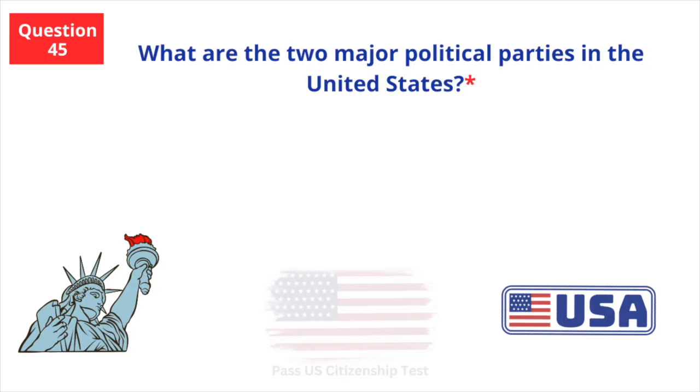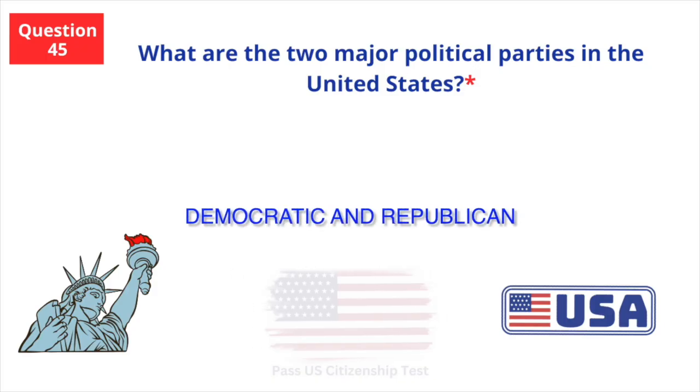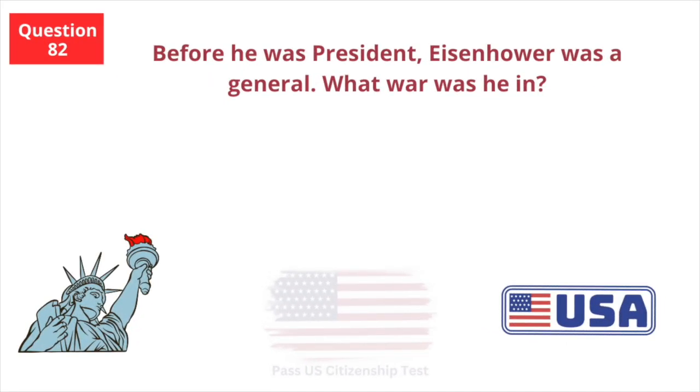What are the two major political parties in the United States? Democratic and Republican. Before he was president, Eisenhower was a general.